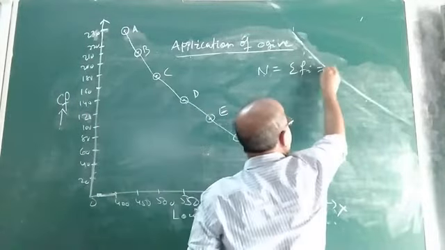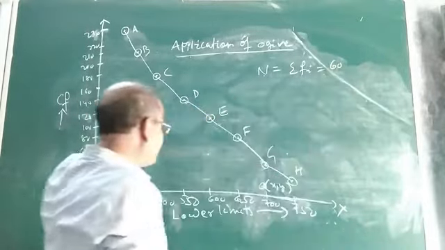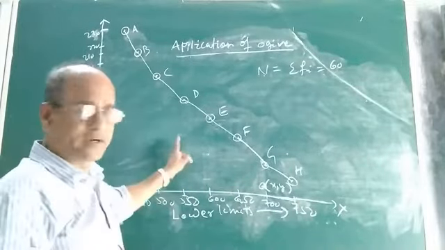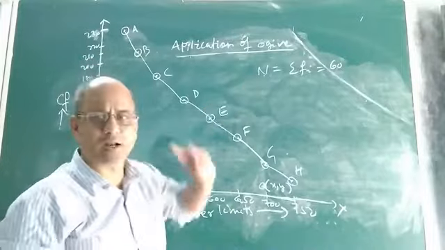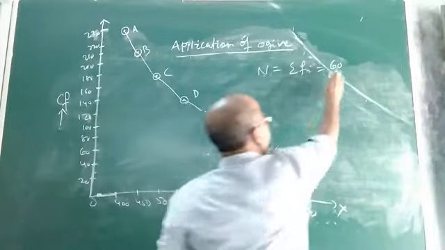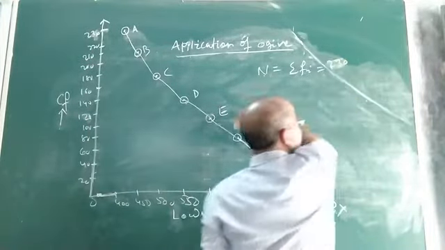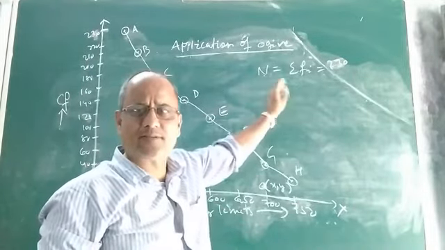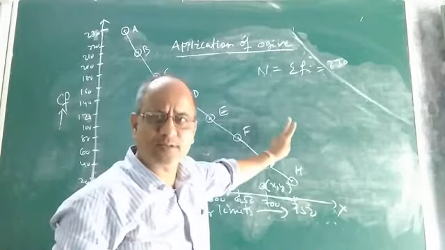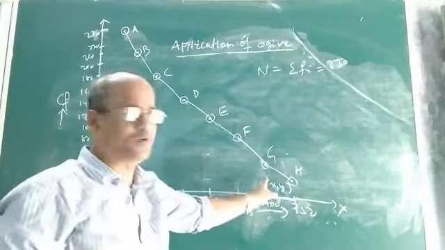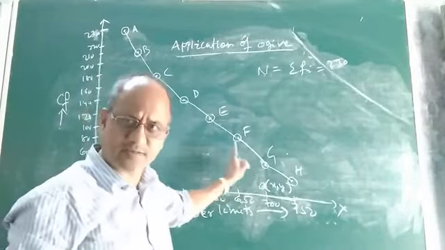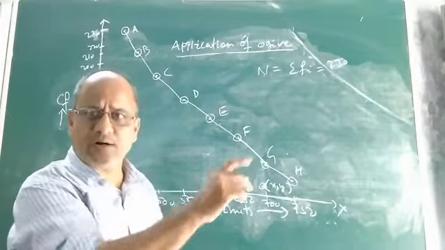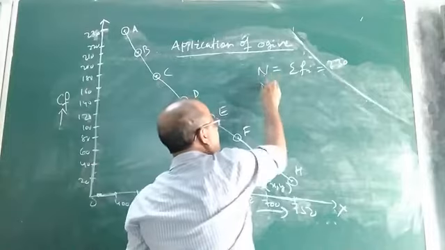Suppose the total number of observations in the continuous frequency distribution whose more than type ogive is this is 230.